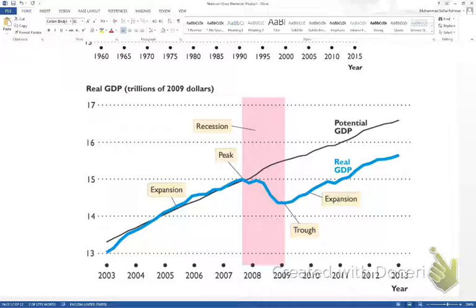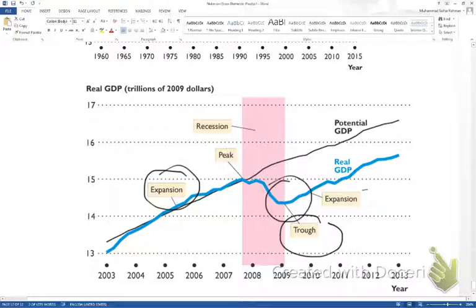A business cycle usually refers to a combination of an expansion and a contraction of economic activity. Expansion is when GDP is above the potential GDP, and a recession is when the GDP is less than that. So this is the contraction.